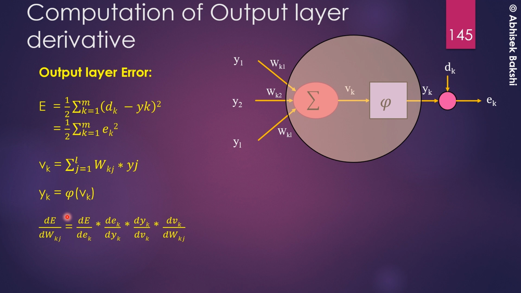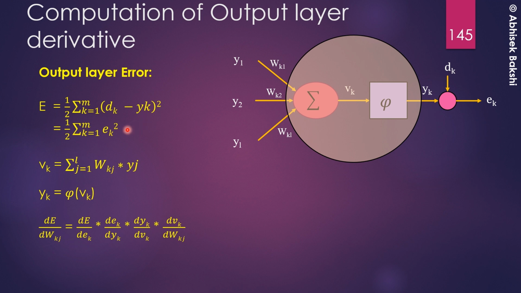And what does the chain rule say? We know that this capital E is calculated because of these small e's, so capital E is a function of small e, from this equation. Similarly, small e is generated because of dk minus yk, since ek equals dk minus yk.